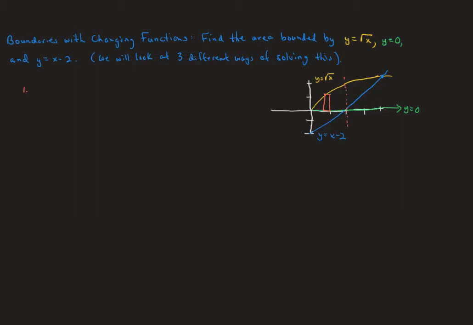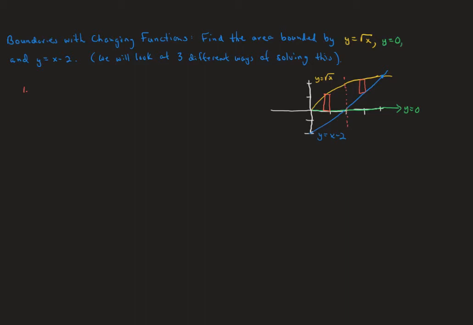And so there's a representative rectangle there. But once we cross that x equals 2 vertical line threshold going to the right, then our rectangle that will show us the area of a little piece of that region is going to have a top curve still of square root of x, but now the bottom curve has changed to the blue y equals x minus 2.